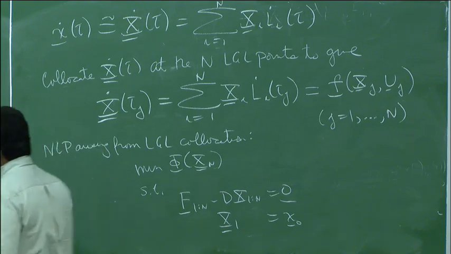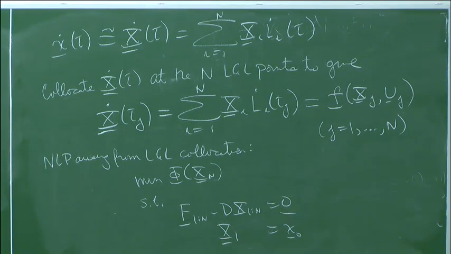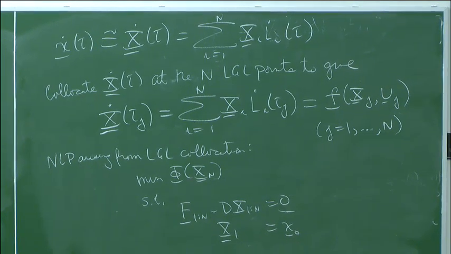Now, that's all pretty straightforward. What we're going to do now is formulate the KKT conditions of this NLP, just like we did with Gauss and with Radau. We're going to do the same thing here.